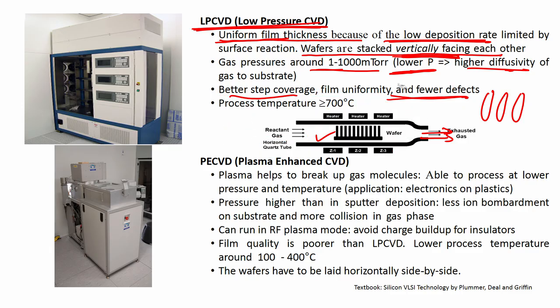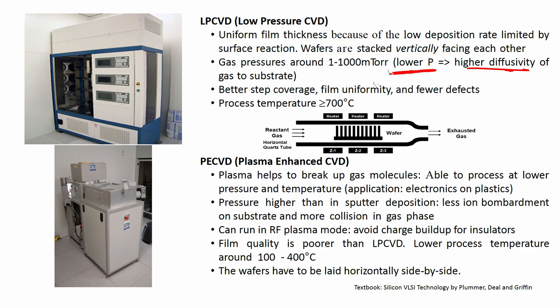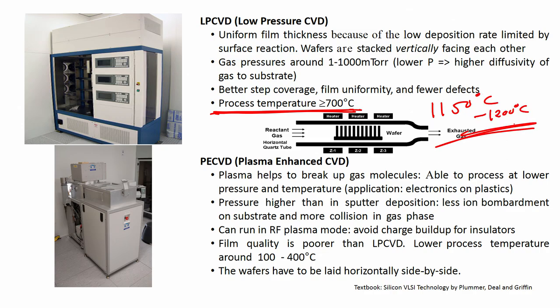But in case of LPCVD, the temperature at which we use this tool is greater than 700 degrees centigrade. In case of silicon dioxide, we have seen it is 1150 to 1200 degrees centigrade, right. So, the temperature is extremely high, okay guys.